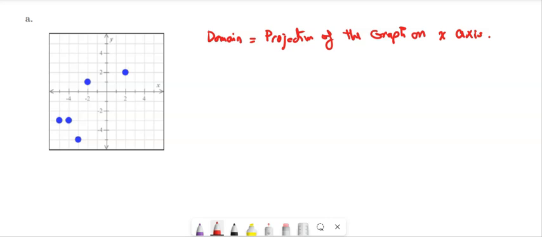This is the x-axis, so the only projection that can happen there is a vertical projection. What does projection mean? It's like a shadow. You drop this point here and you get this coordinate there.